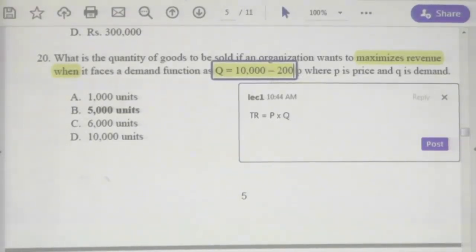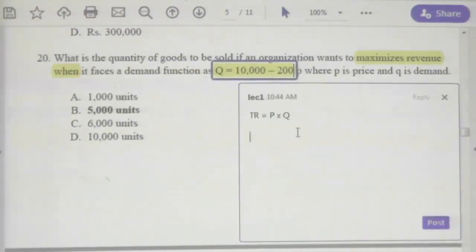Now do you have the price function here? No, you don't have the price function here, but you have the quantity function. Therefore you can find out the price function using the quantity function like this.